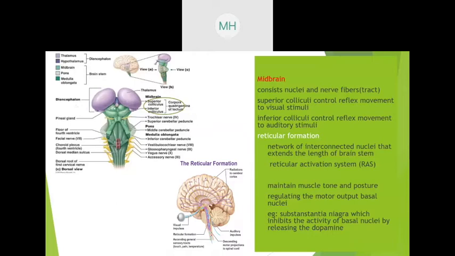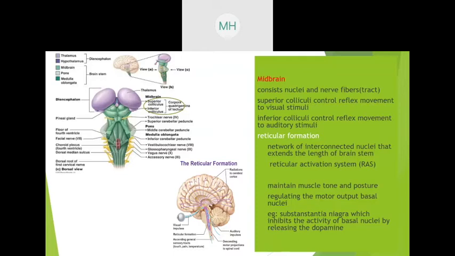This is the midbrain. The upper part is the superior colliculi, and the lower part is the inferior colliculi. The superior controls reflex movement to visual stimuli, and the inferior controls reflex movement to auditory stimuli.